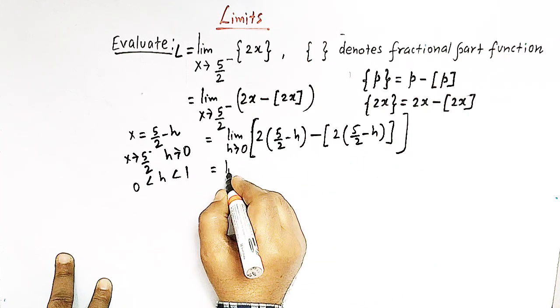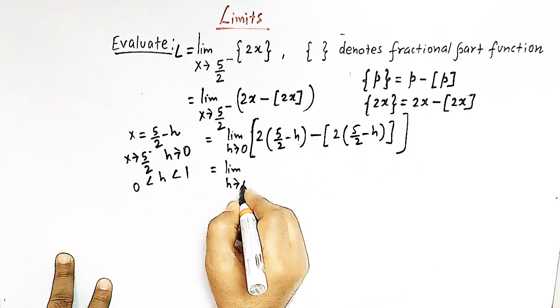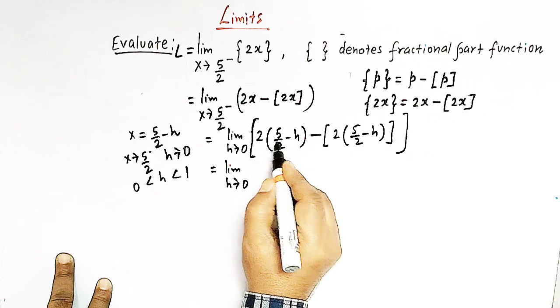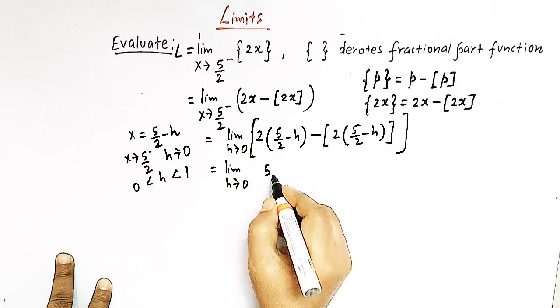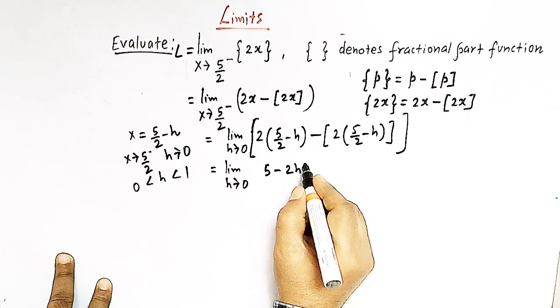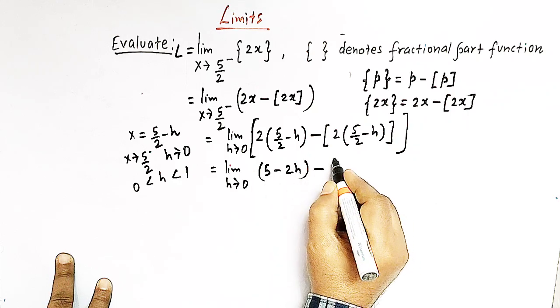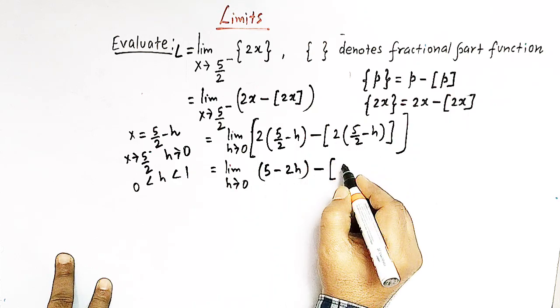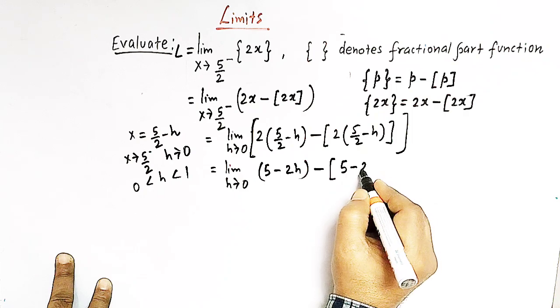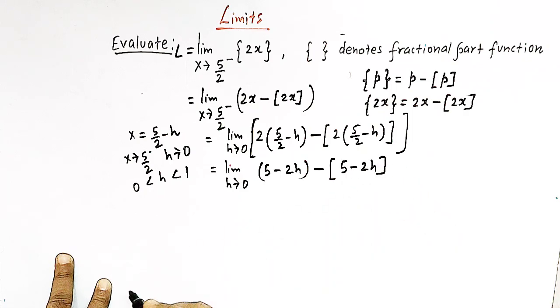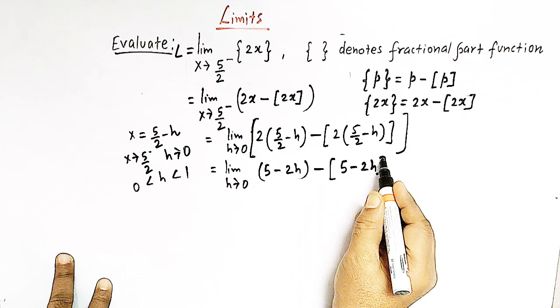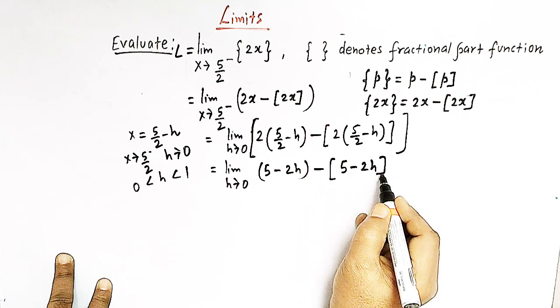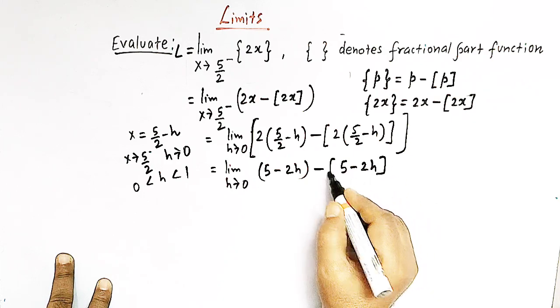Now we can simplify: the 2 and 2 cancel, giving 5 minus 2h, and then the greatest integer of 5 minus 2h. Now we have to assign a value to this greatest integer.